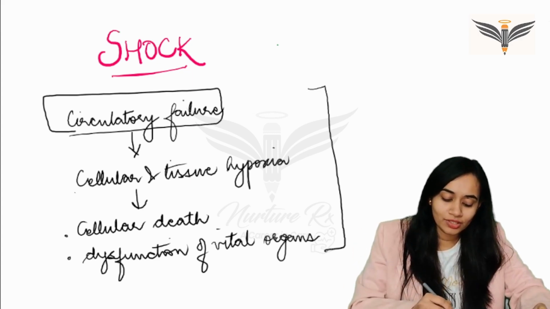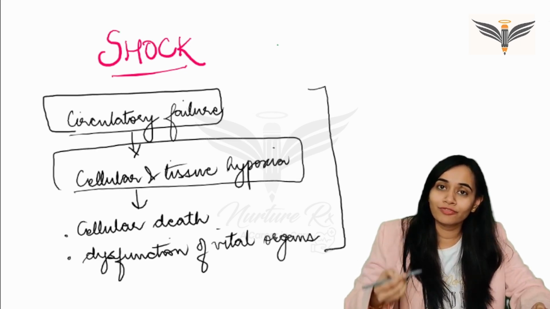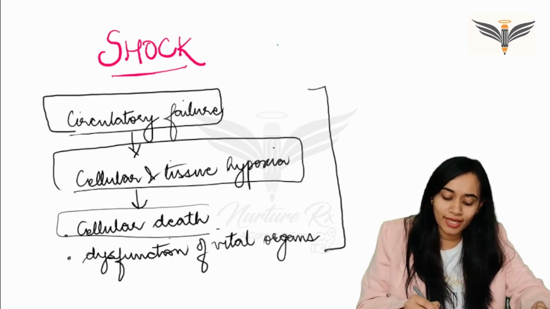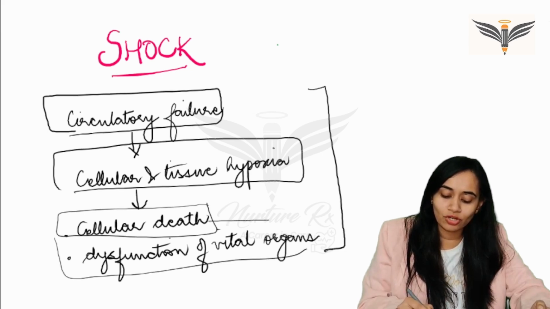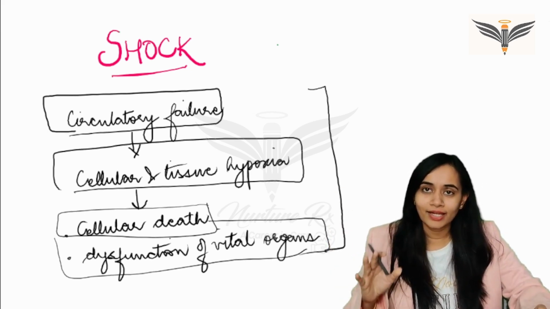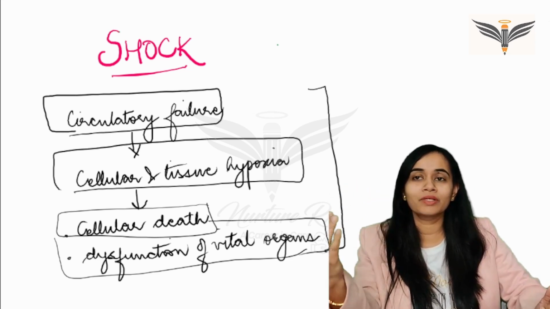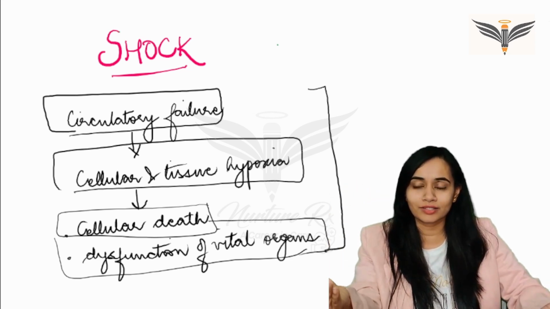So the next step would be cellular and tissue hypoxia, which will further lead to cellular death as well as dysfunction of vital organs at the tissue or organ level. So this is the definition of shock. You have an idea what happens once a shock occurs.